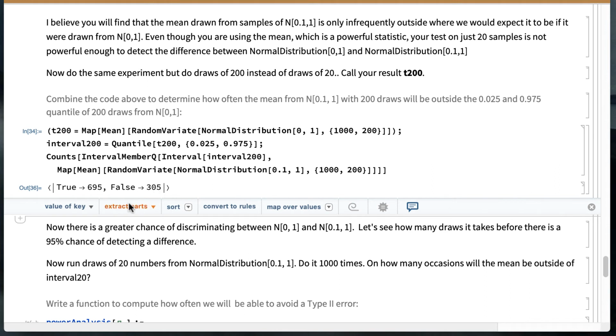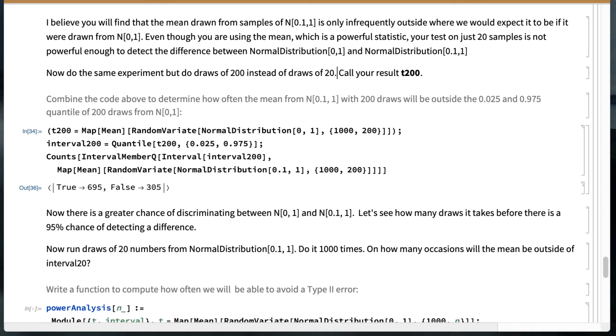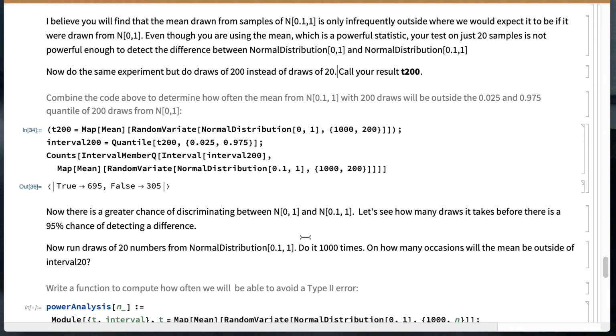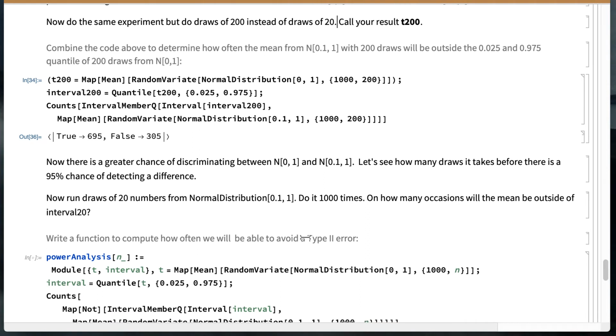And now we're saying that 695 times out of 1,000 we're not going to be able to detect things, but 305 times we would. So we're on the right track. It's just that apparently for differences this subtle between N(0,1) and N(0.1,1), even 200 draws isn't enough. So we could do it 1,000 times.